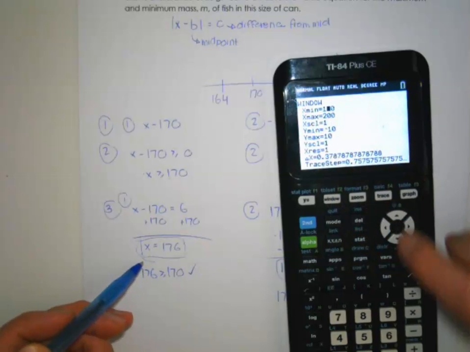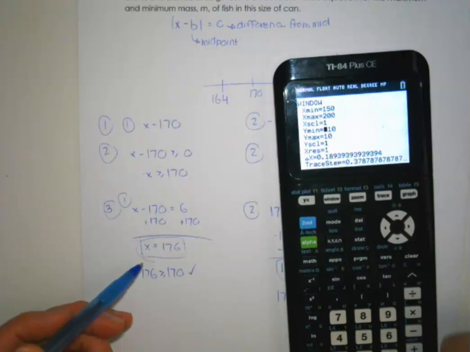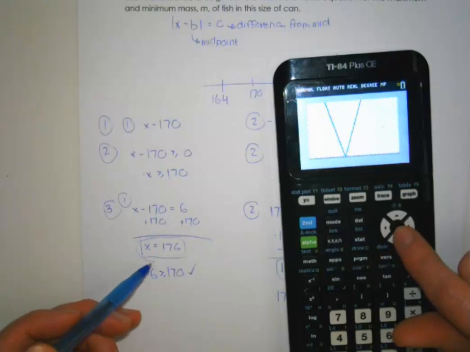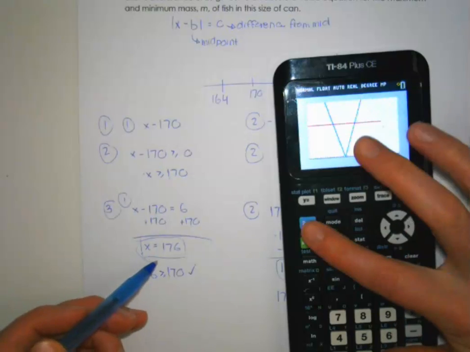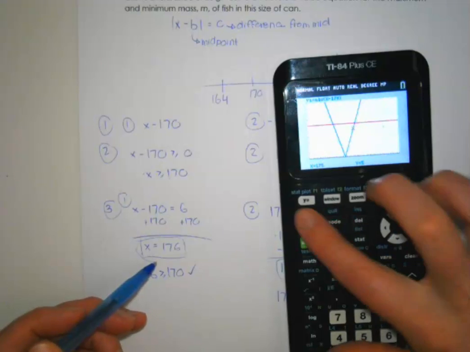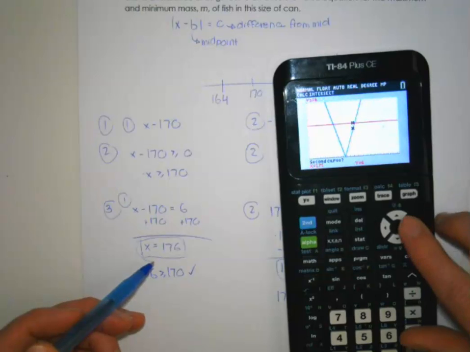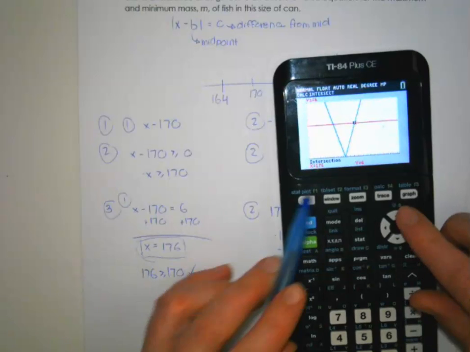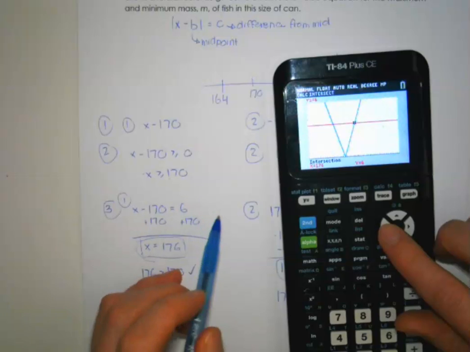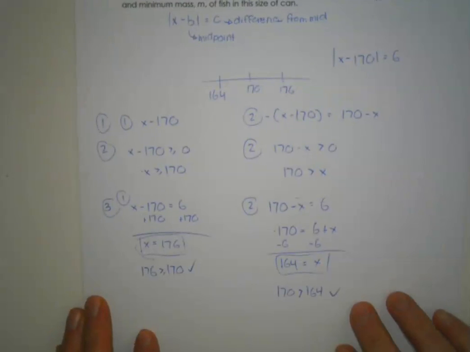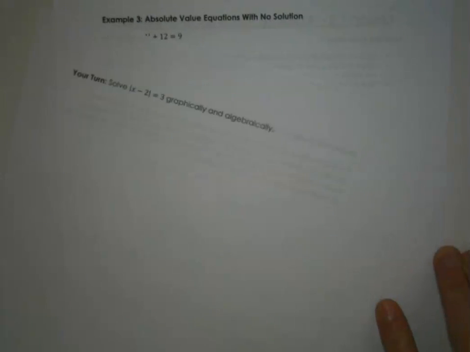I could even make this 0, which makes it a little bit more zoomed in. And then again, you can go in and trace your intersections. So go to intersect. Sure, let's do that one first. And it says 176 and 6, right? You can do it for the other side and check that solution as well. So we can see that our solution was correct by doing that.